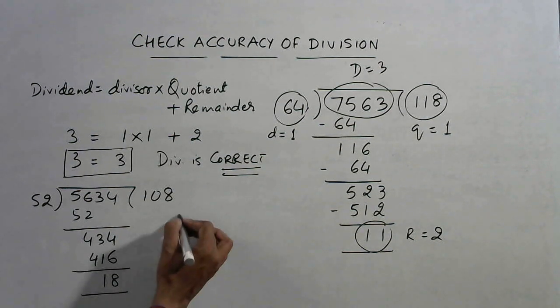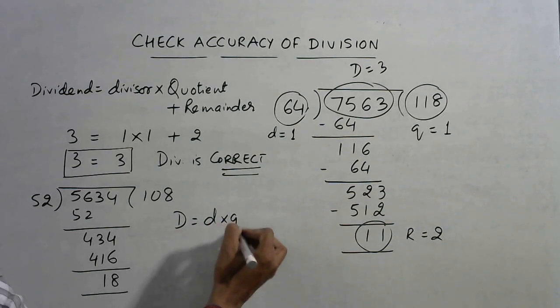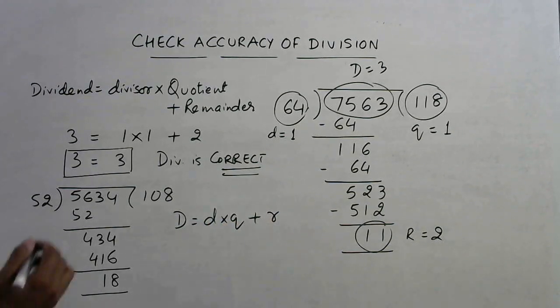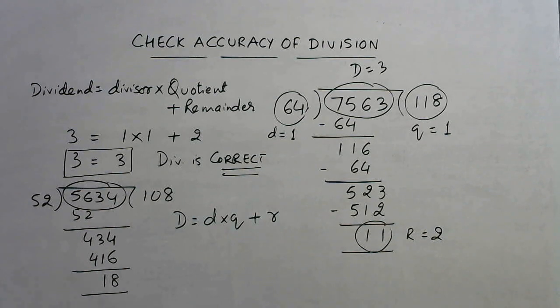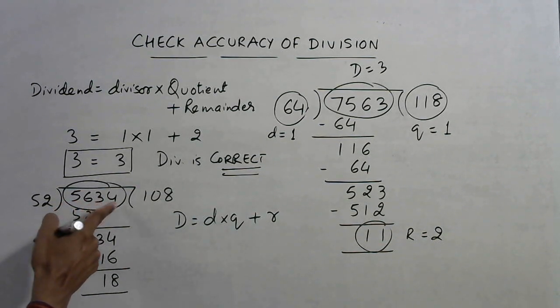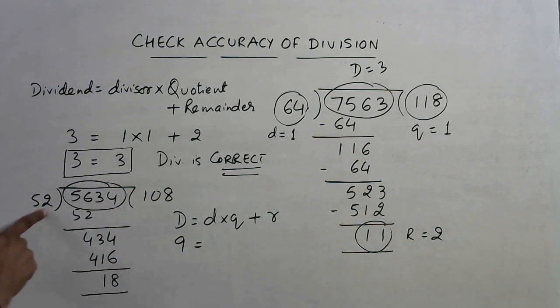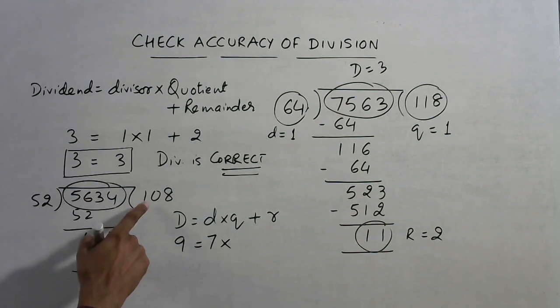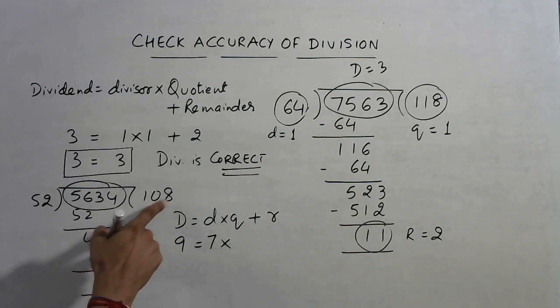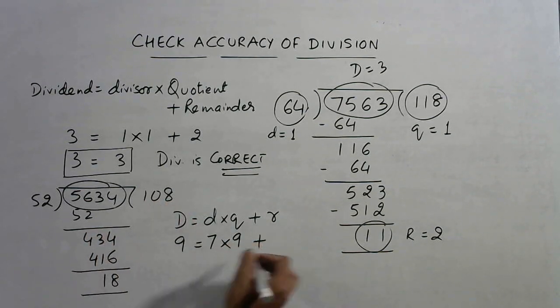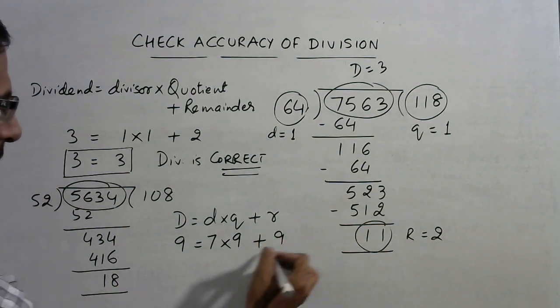Now dividend is equal to divisor into quotient plus remainder. Now see the dividend. 6 plus 5 11, 11 plus 7 18, 18 means 1 plus 8 9. Divisor 5 plus 2 7, quotient 1 plus 0 1, 1 plus 8 9, remainder 1 plus 8 9.